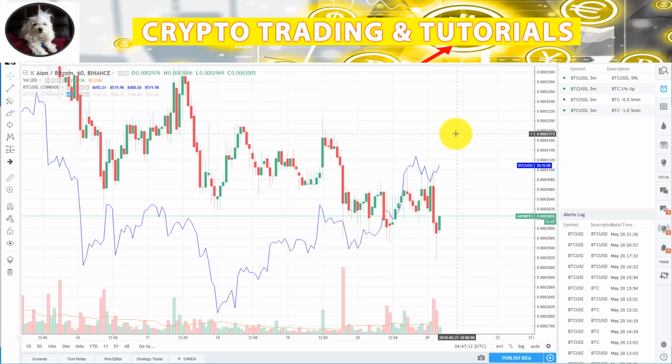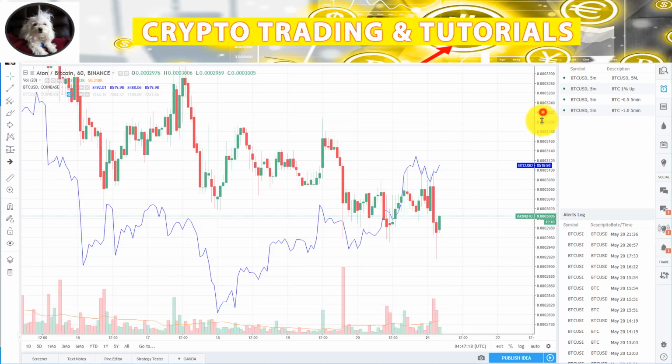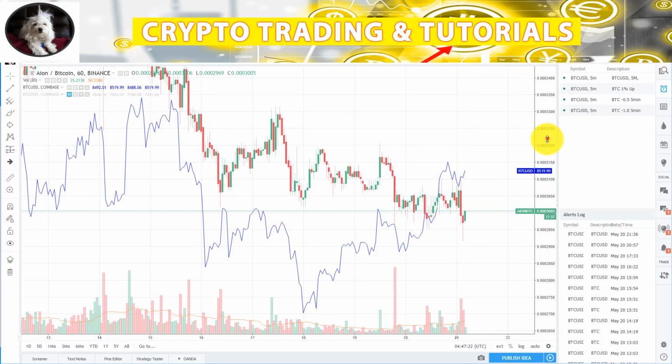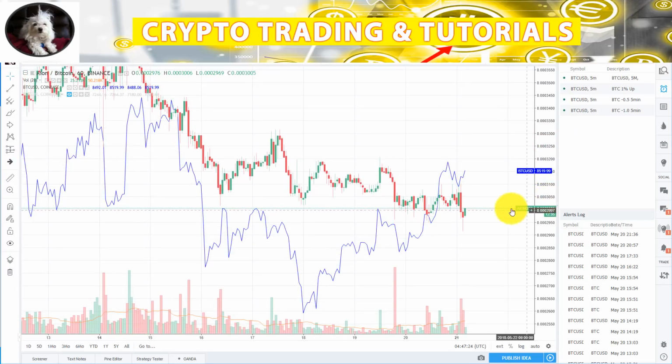Now we'll jump into the next thing that causes things to move or stop, and that is support and resistance. Now, in my training, I cover this in detail, so we're just going to go over this at a high level. But we covered moving averages, we covered Satoshi levels, Fiat levels, we covered previous price action, and all of that really plays into what is called support and resistance.